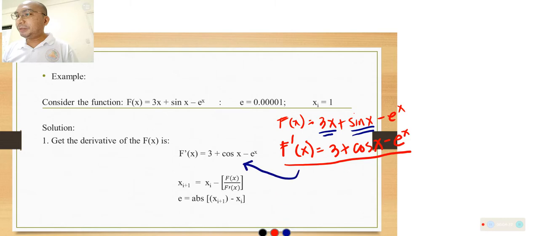That is what is reflected here in the equation for f prime x. Again, to solve for the next value, xi plus 1, it will be xi minus the value of the function of x when x is substituted into the equation, divided by the value of the derivative of the function of x.